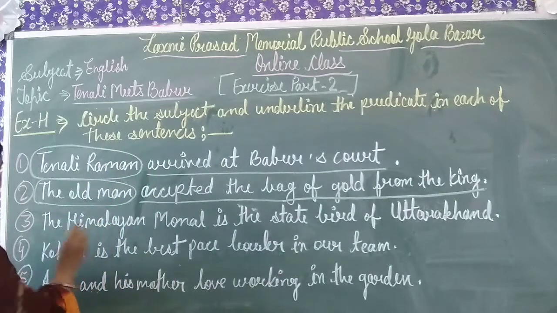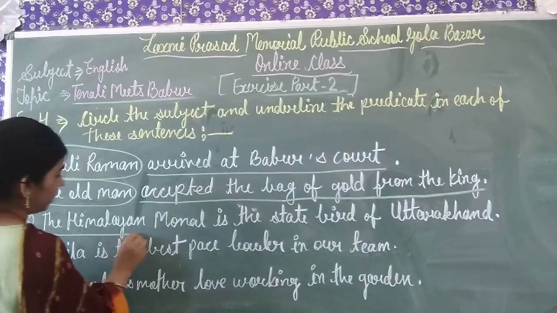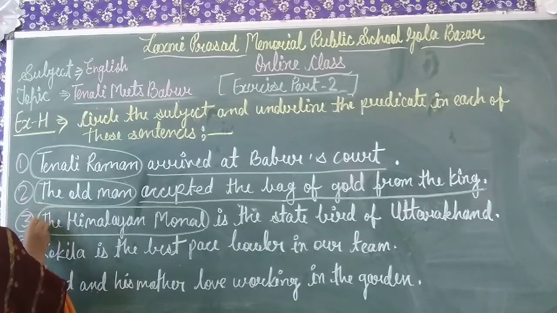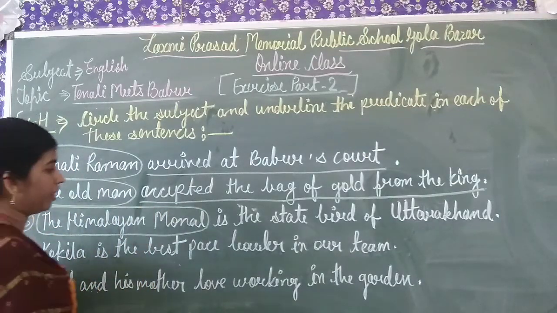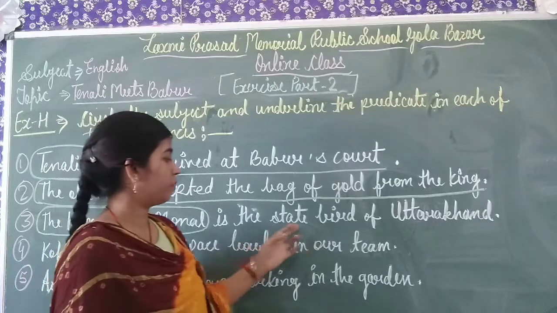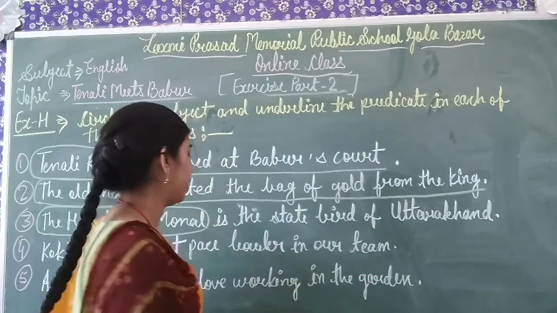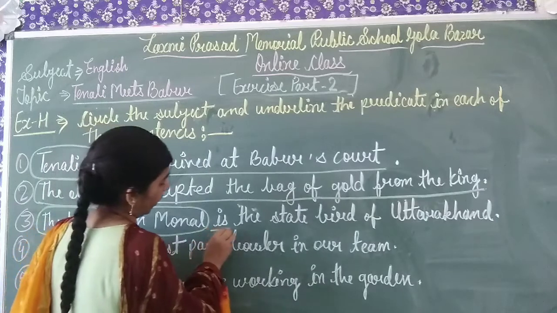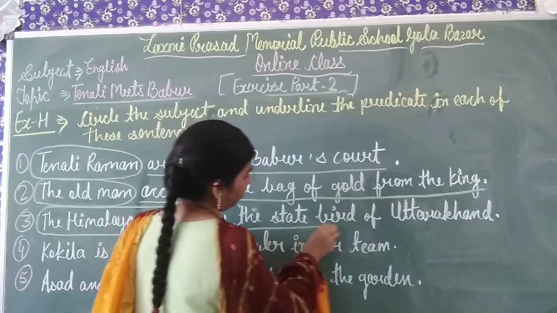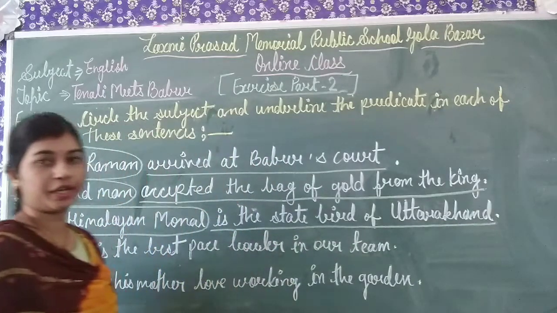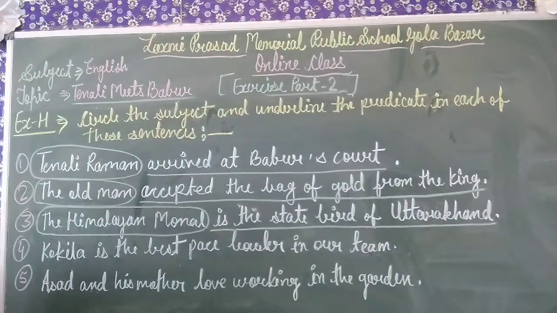So you have to circle the words Himalayan monal. This is the subject and is the state bird of Uttarakhand is predicate. So you have to underline these words because this is a predicate.